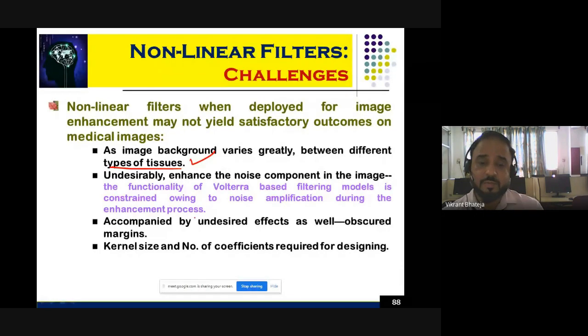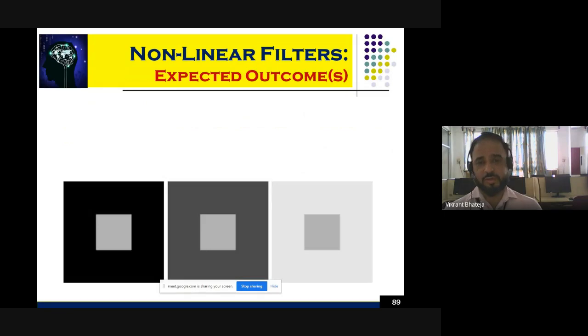Another challenge is mathematical: determining the number of coefficients, the kernel size, and the optimization are also challenges in designing your nonlinear filters.